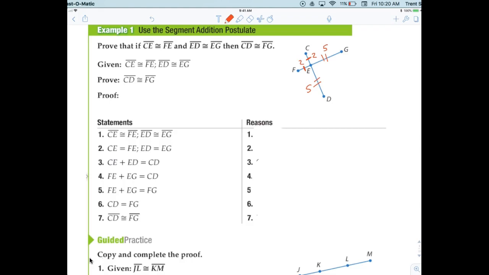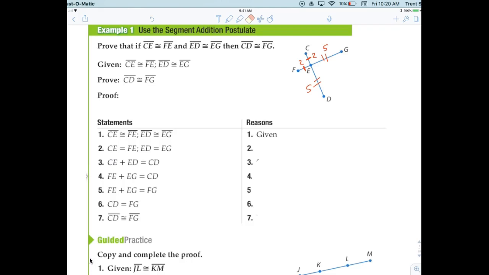If something is given as true, then you can accept it as true. So for step 1, I want everybody to write down given. Given. All right, that is given. I'm walking you through your first step. First proof. Pretty soon you'll be able to do a whole proof. There won't be any statements or any reasons. You're going to have to do it all on your own. All right?